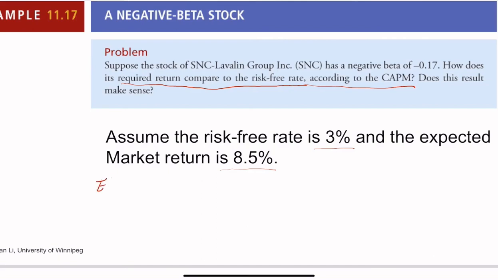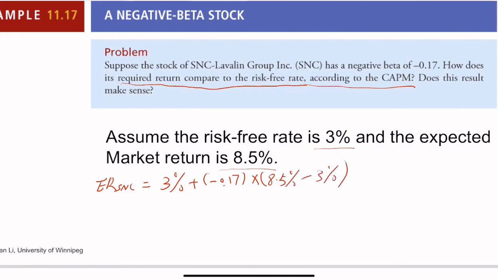Again, it's just about directly applying the CAPM to find the expected return. So S&C's expected return equals 3% plus beta, which is a negative number, times 8.5% minus 3%.